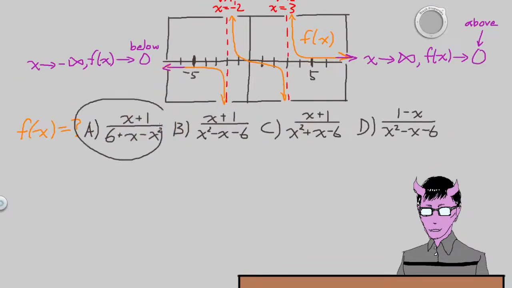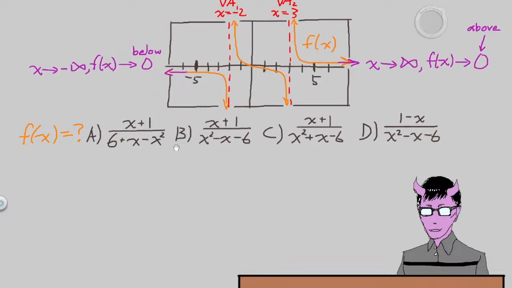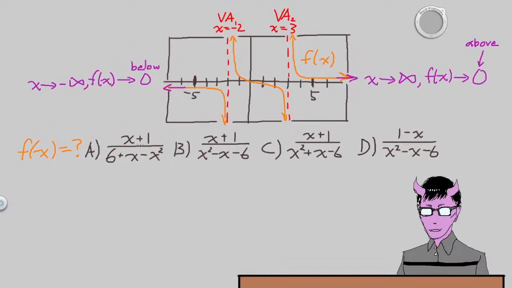So if we're looking at choice A first, let's evaluate the situation. Let's check the end behaviors first, because I think that will allow for an easy elimination maybe. So leading term on top is just going to be x. Bottom leading term is negative x squared. So what happens in the long-term end behavior?